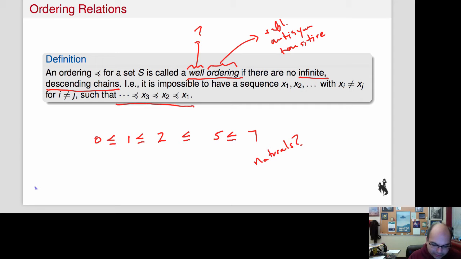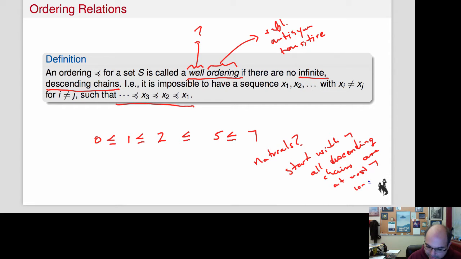And what that means is that if I start with, let's say, 7, then all descending chains are at most 7 long, I guess 8, because we go to 0.